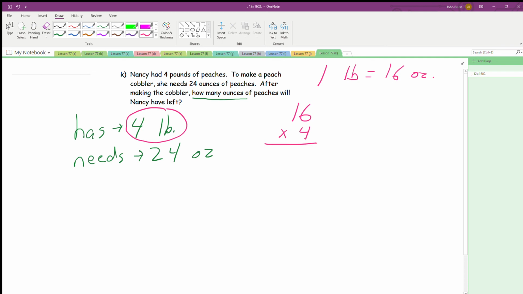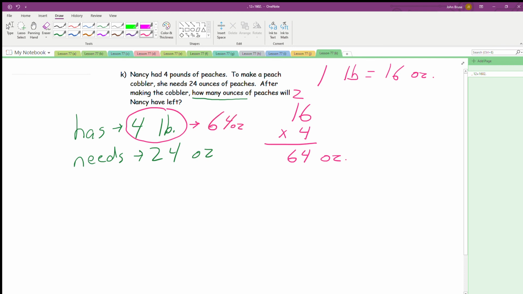And that should give us how many ounces she has right now. And then we could take away our 24 ounces. So let's solve this. 6 times 4 is 24. We've got 2 tens. We're going to carry that to the tens column. Then we're going to multiply 4 times 1 ten. That's 4. And then 2 more tens is 6. So 64 ounces is what she has right now.